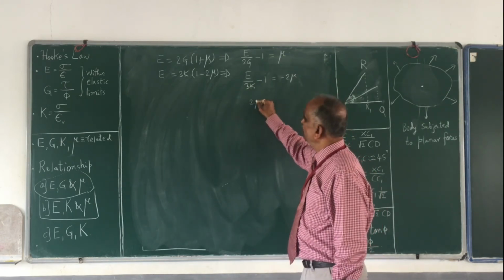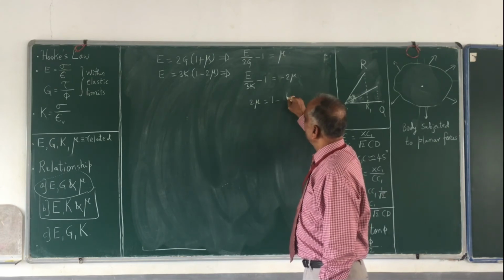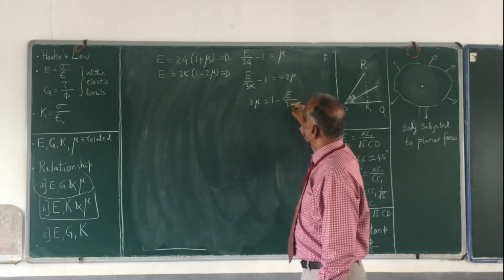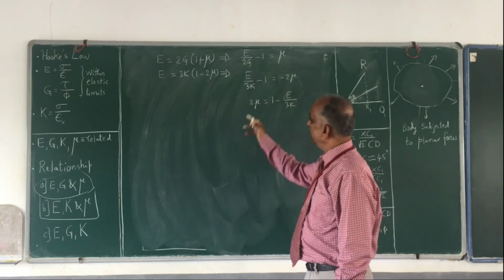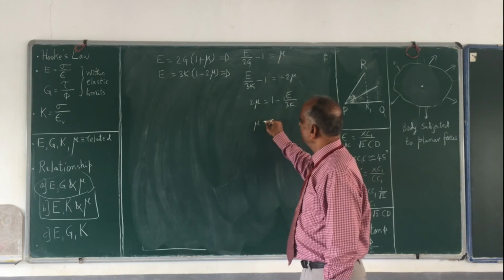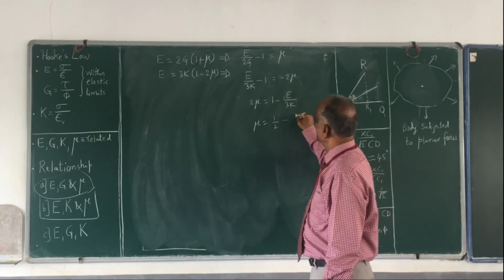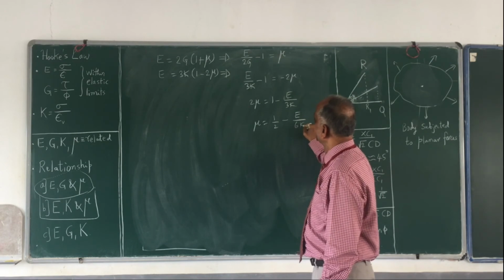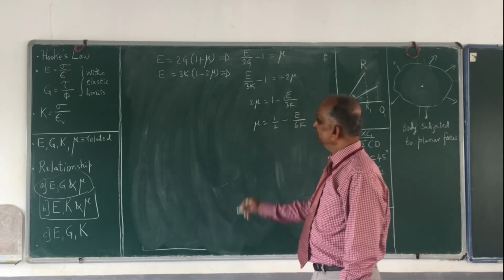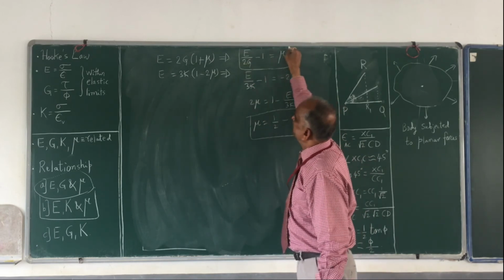Then we have 2 mu is equal to 1 minus E upon 3K. I don't want 2, so therefore mu is equal to 1 by 2 minus E upon 6K. Is it right? This is mu and this also is mu.